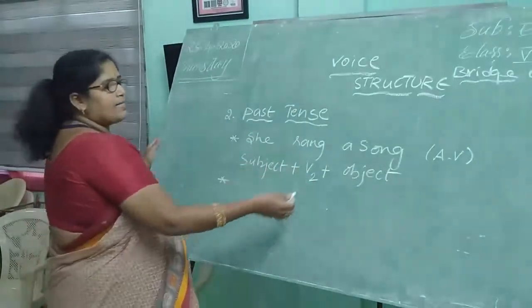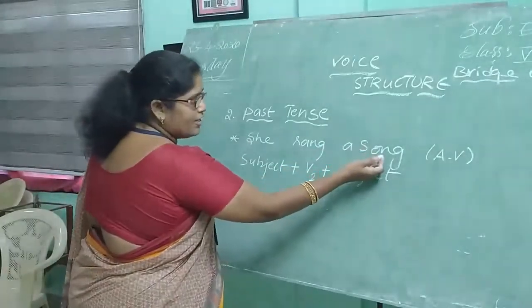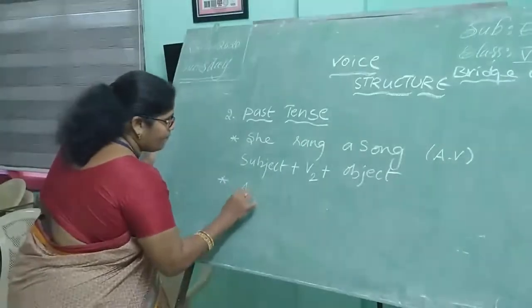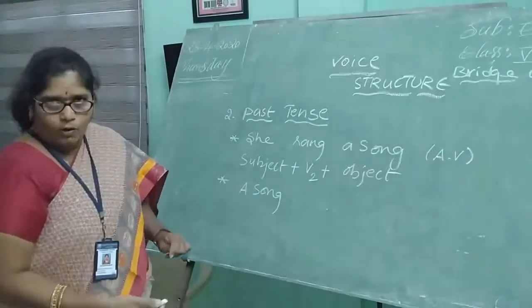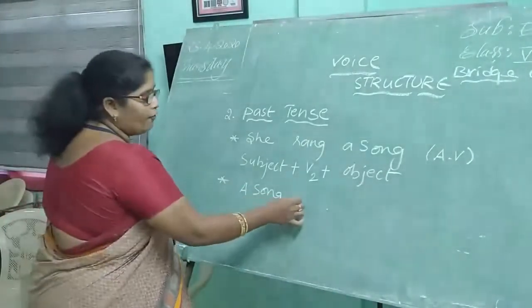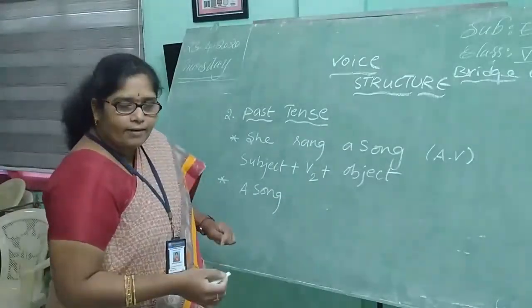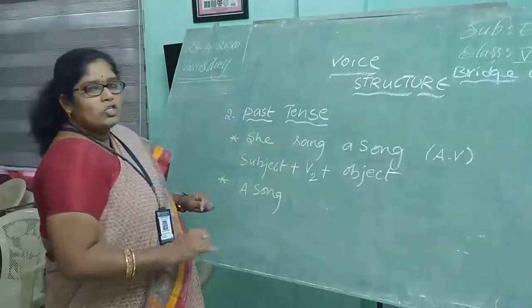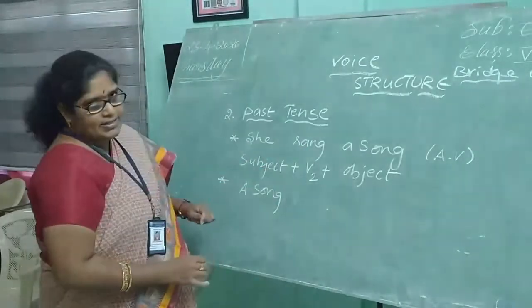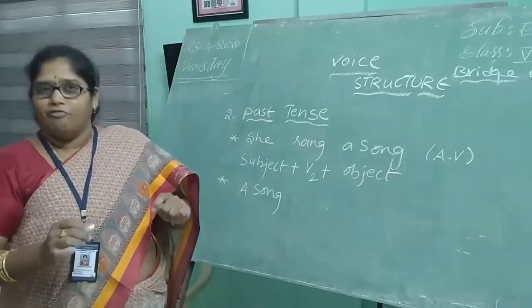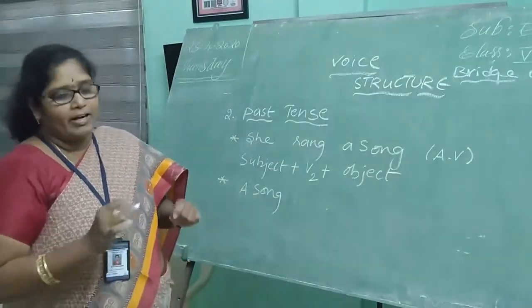So as the object of AV changes to subject of PV, I am bringing a song, friends. And here we have to use a suitable helping verb depending upon the tense of the main verb. So here the tense is past tense. So the helping verbs of past tense are was and were.